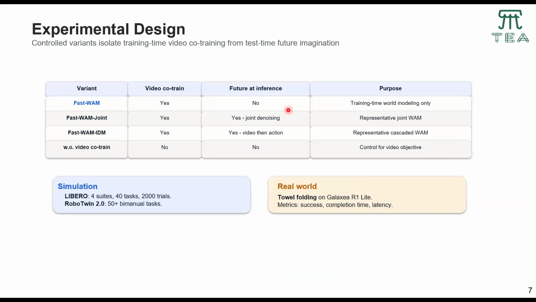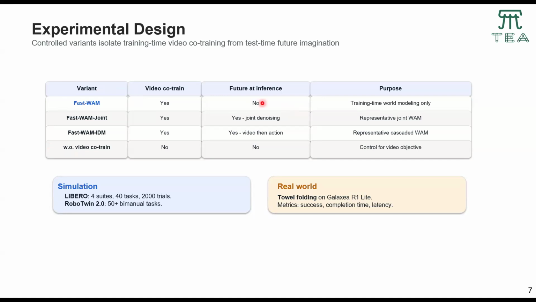So to verify the above hypothesis and the author's claim, here is the experimental design. This paper compares four variants to test whether the performance comes from the training time video modeling or the test time future imagination.